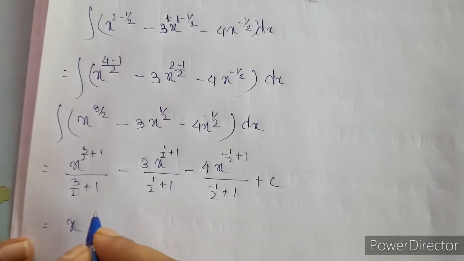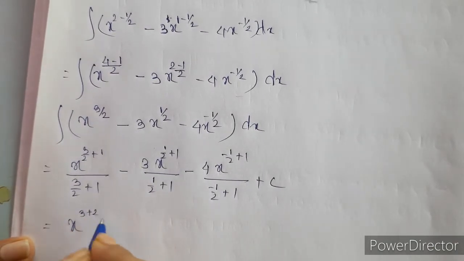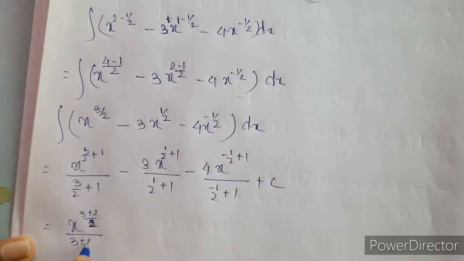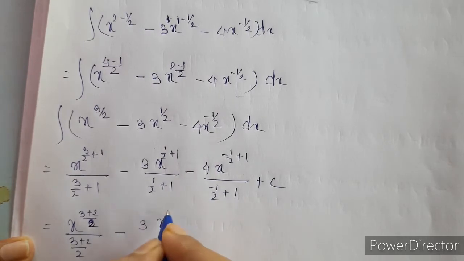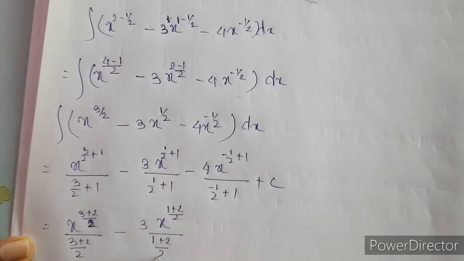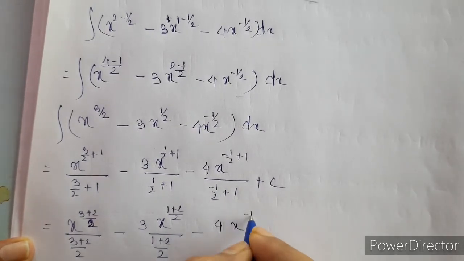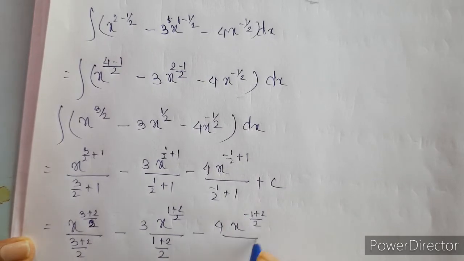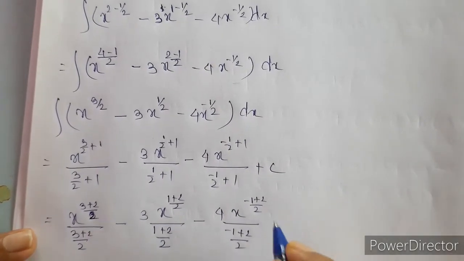So this can be written as (3 plus 2)/2 by (3 plus 2)/2 minus 3 into x raised to power (1 plus 2)/2 upon (1 plus 2)/2 minus 4 x raised to power (minus 1 plus 2)/2 upon (minus 1 plus 2)/2, plus constant.